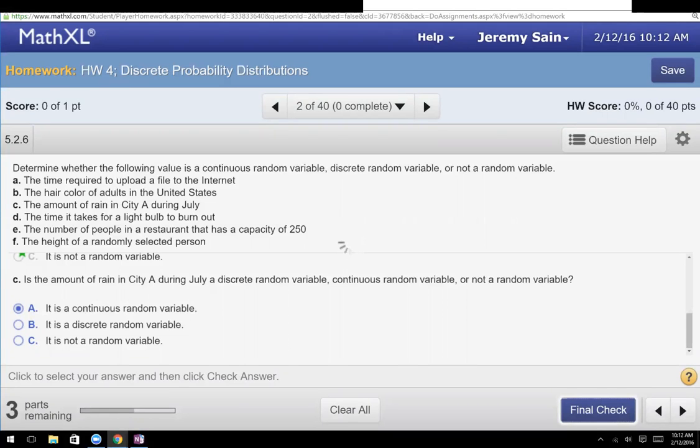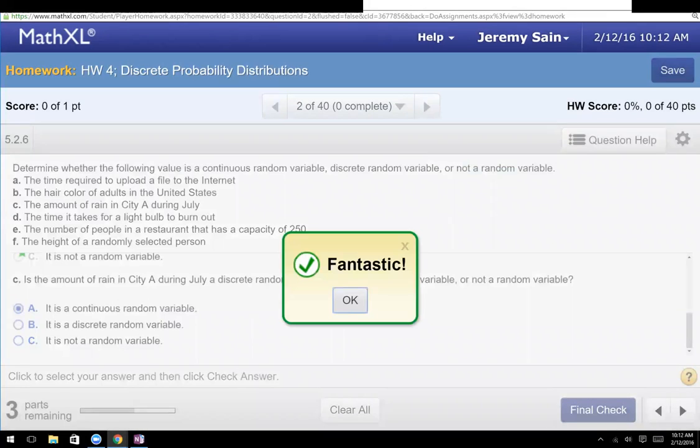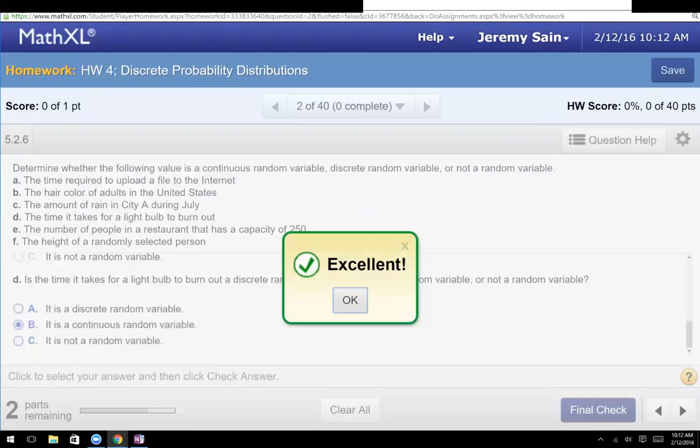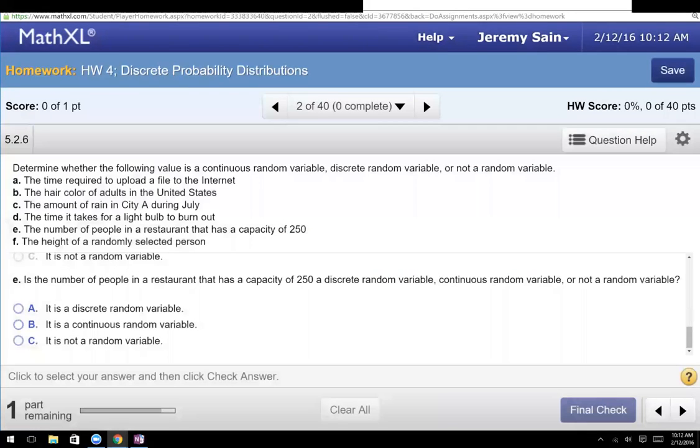So time it takes for a light bulb to burn out. Continuous. Number of people in a restaurant that has a capacity of 250. Discrete. What if I didn't put the capacity 250? Like you could have any number of people in there. It's still discrete because even though the list goes on forever, you can still list all the options.